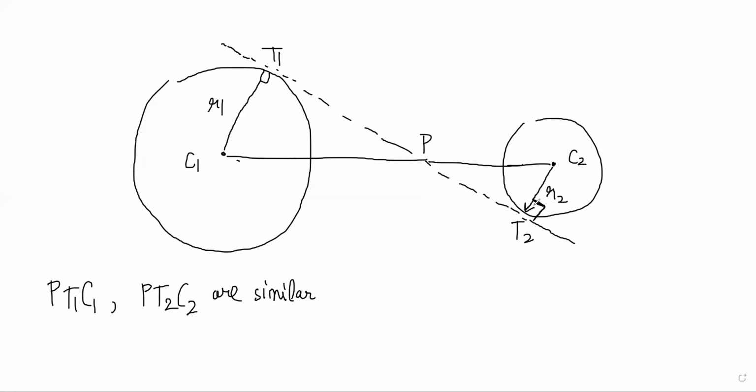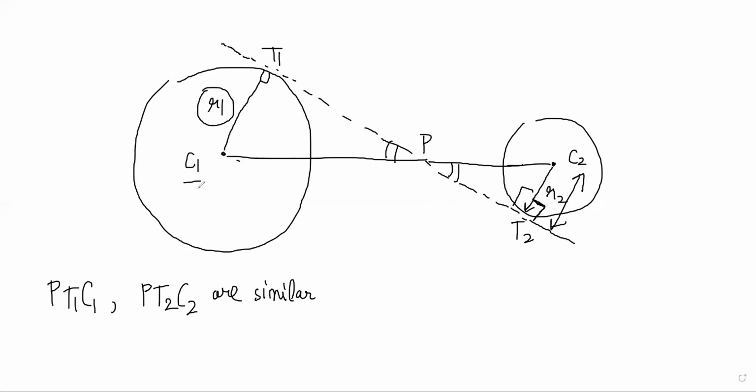Why? Because of 90 degrees and vertically opposite angles, right? They are similar, and the ratio of the sides is R1 and R2, right? So we know the similarity ratio between these two triangles.